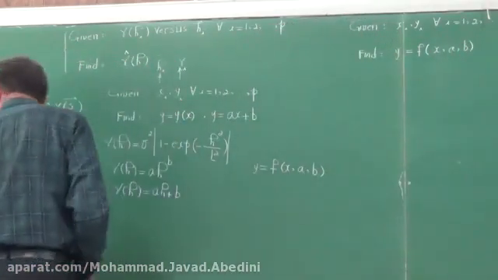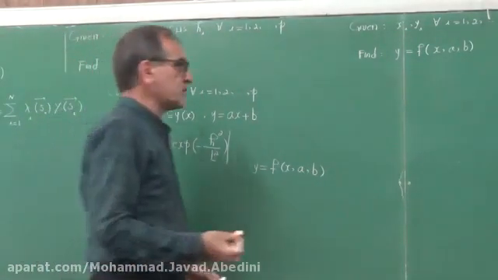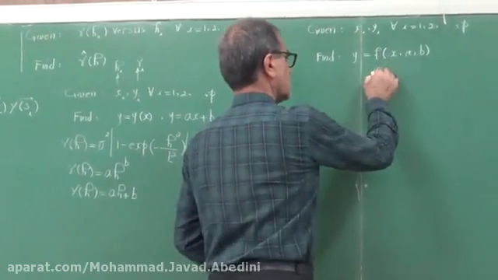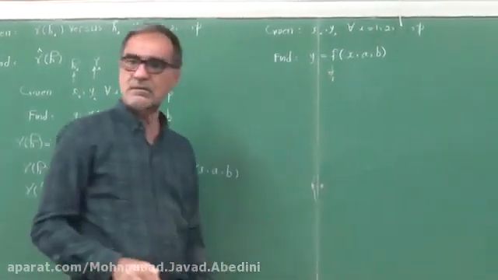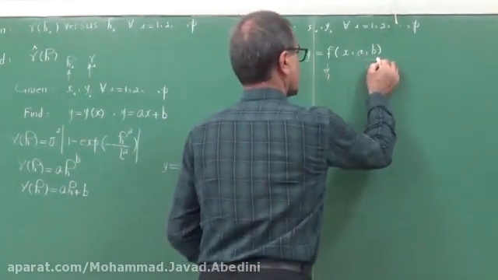Here you have 2 unknowns. The very first unknown is f. The second unknown is the parameters a and b.